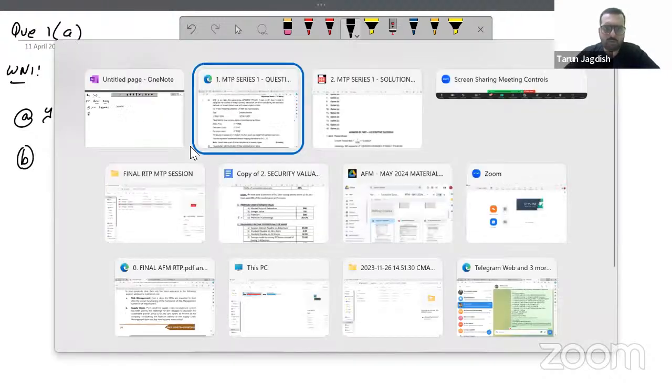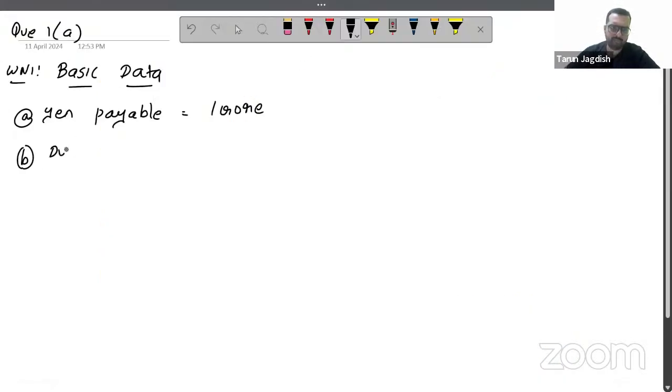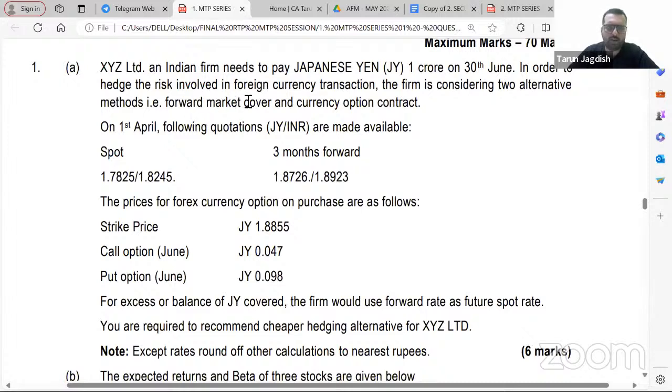Yen payable is equal to 1 crore on 30th June.